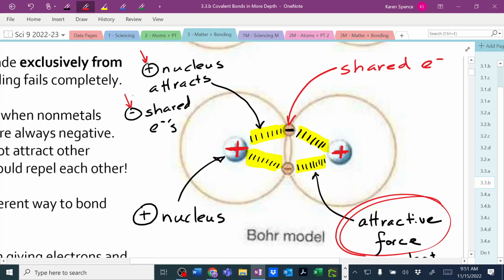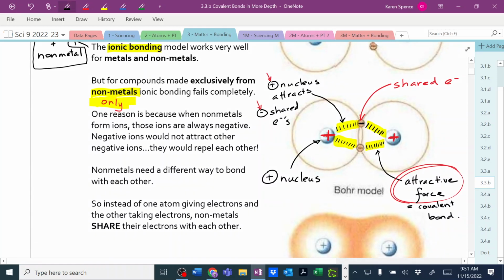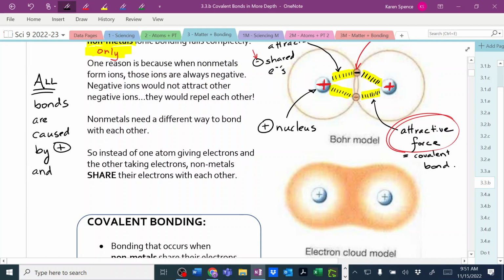So all bonds are caused by positive and negative charges attracting each other.